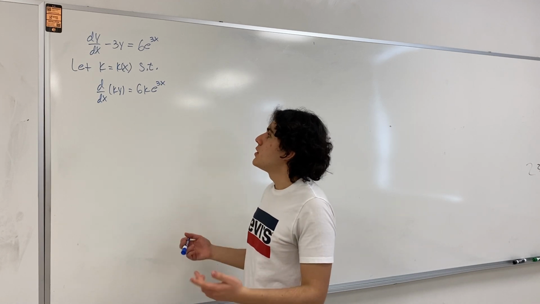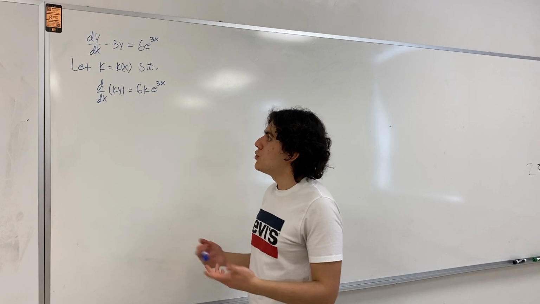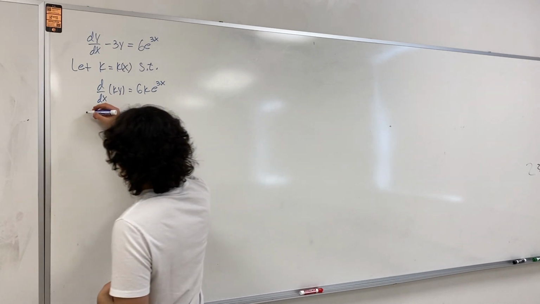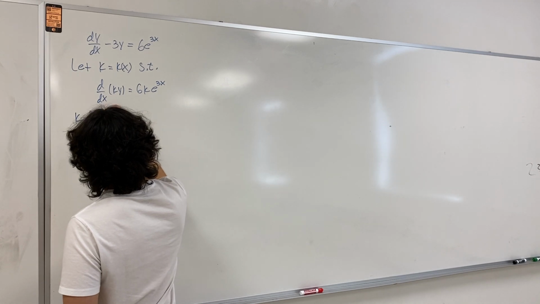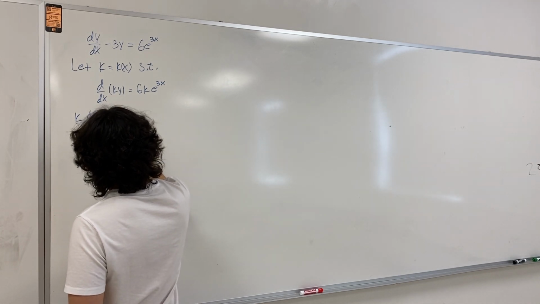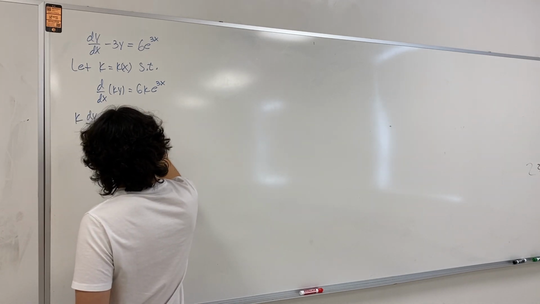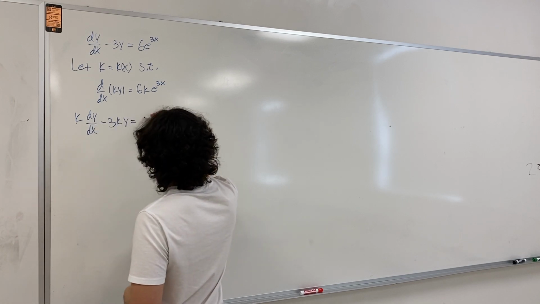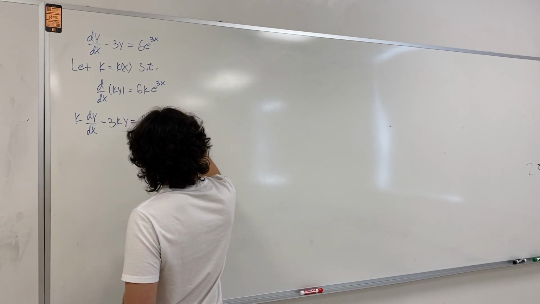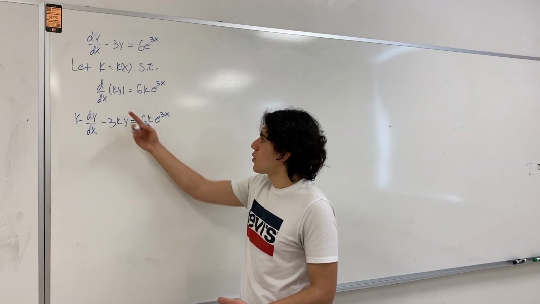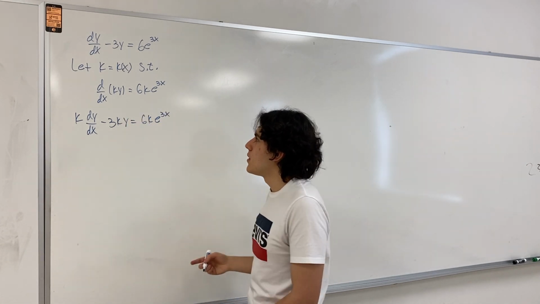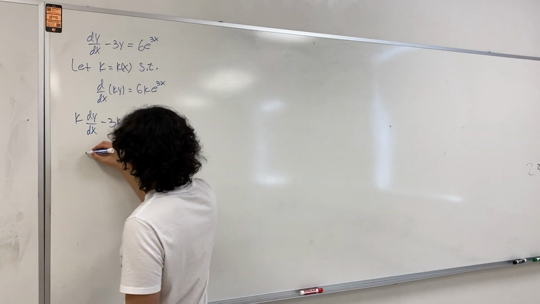So now we just need to find k. And to do that, I'm going to multiply both sides of the equation by k. That will be useful, and you will see why in a moment. k dy dx minus 3ky is equal to 6k e to the 3x. Nice. Now to find k, remember we're going to differentiate this quantity on the left.